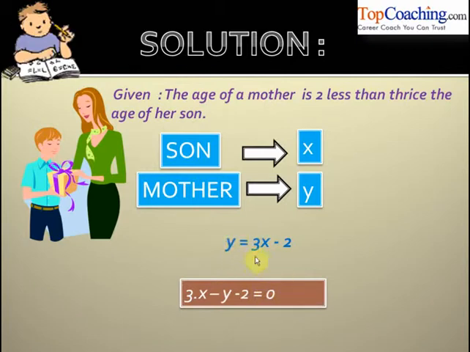We have taken y to this side of the equation and thus what we get is 3x minus y minus 2 equal to 0. And this equation in two variables x and y represents the situation that the age of the mother is 2 years less than thrice the age of her son. So this is the way to represent a situation in the form of a linear equation with two or more than two variables.